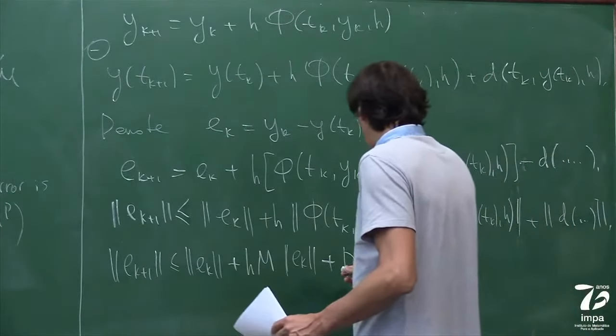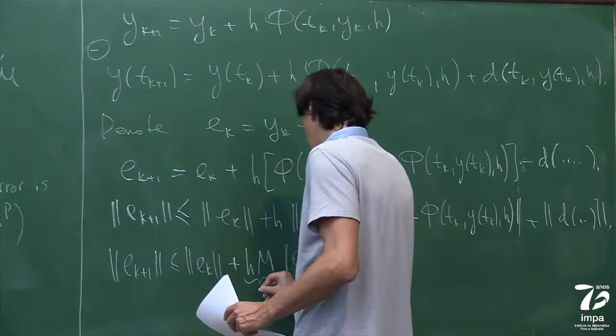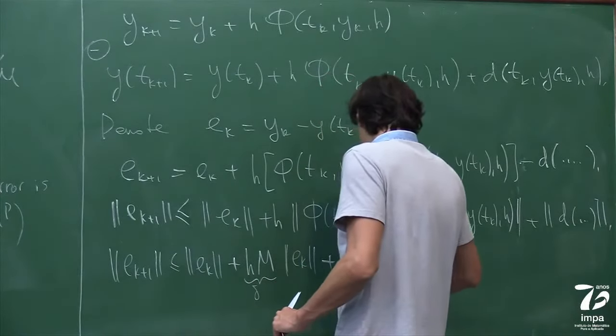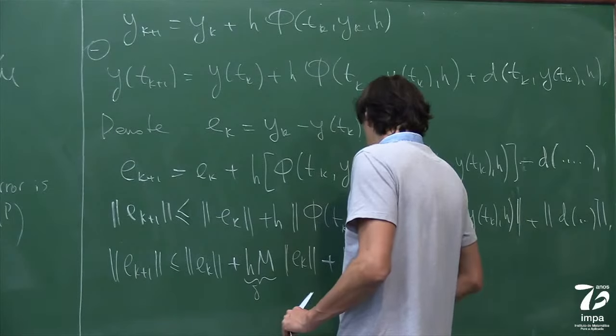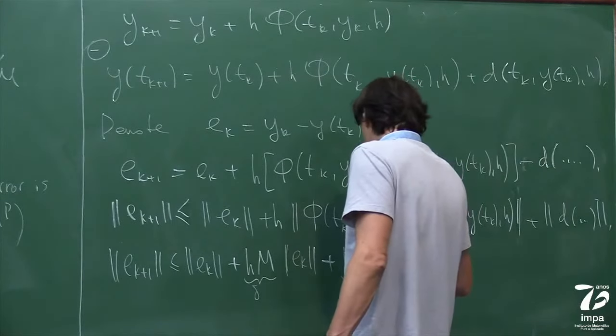And now remember we had a general formula. If you write this delta and this k star, this was bad notation.